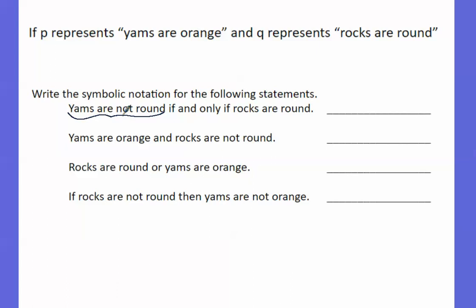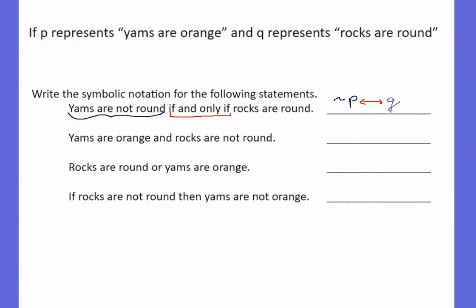So this would be the opposite of yams are round, so this would start off as not P. If and only if, remember this phrase is represented by a double-headed arrow. And then lastly, rocks are round. That's the same as Q, so I would have not P if and only if Q.